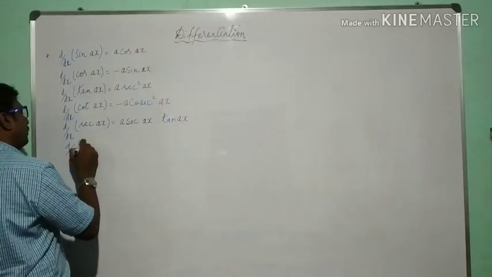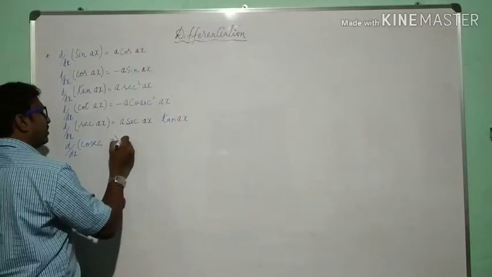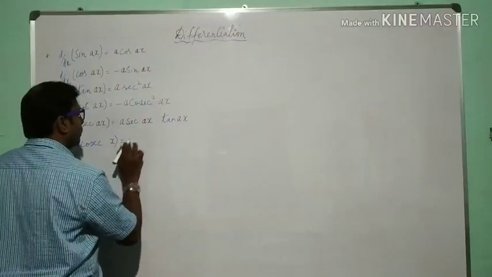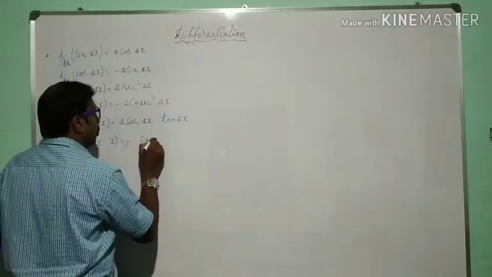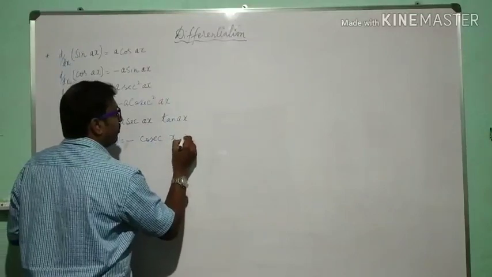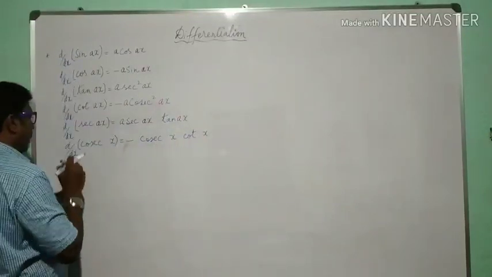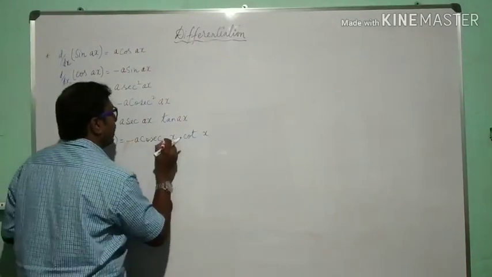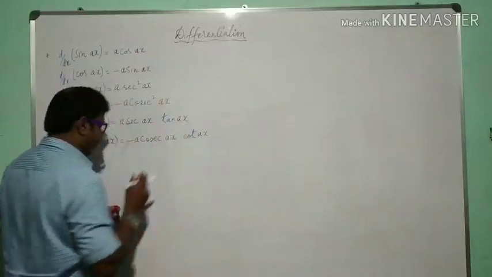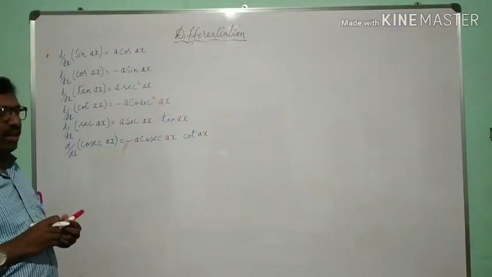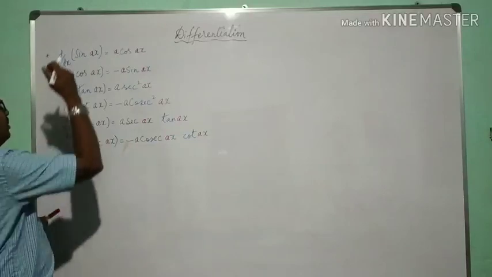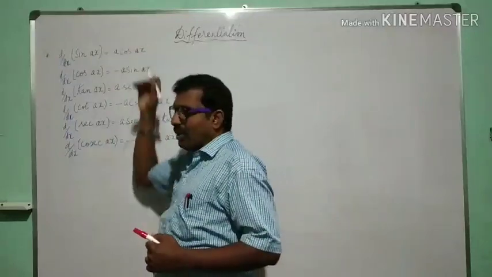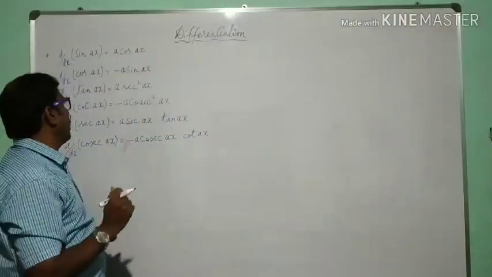D by dx of cosecant x is minus cosecant x into cot x. If it is the derivative of cosecant ax, it is minus a cosecant ax cot ax. With this, we can proceed with other different formulae, taking a value as 2, 3, 4, 5, etc.